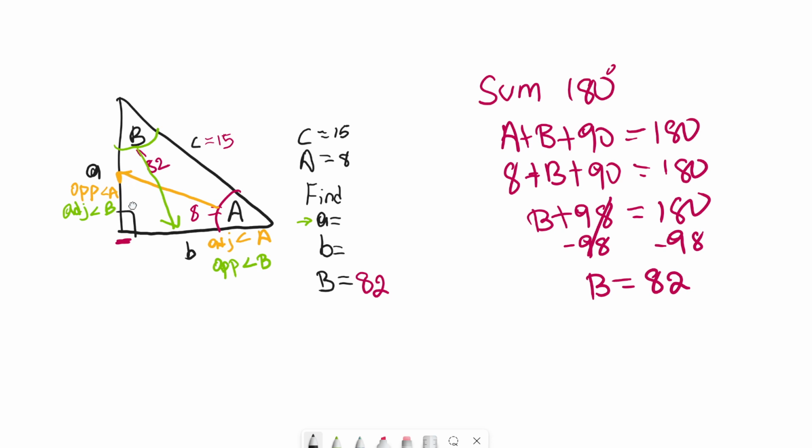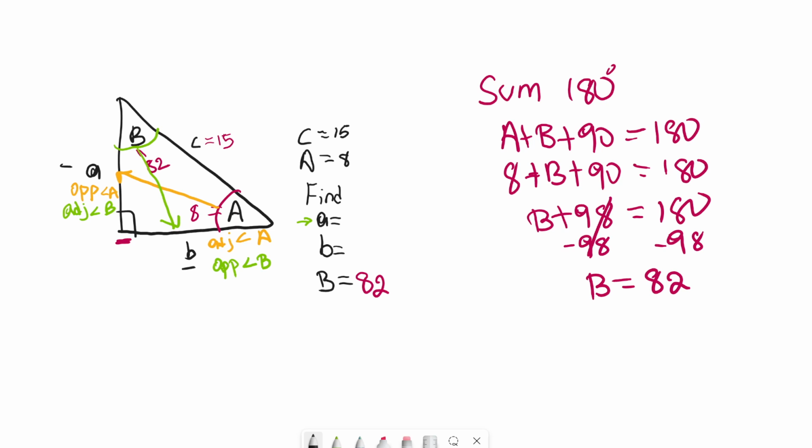Why am I saying this? Well, because if I were to say, get a ratio that has my adjacent and my opposite, then those two are unknowns and I would not know how to solve for either of those sides.